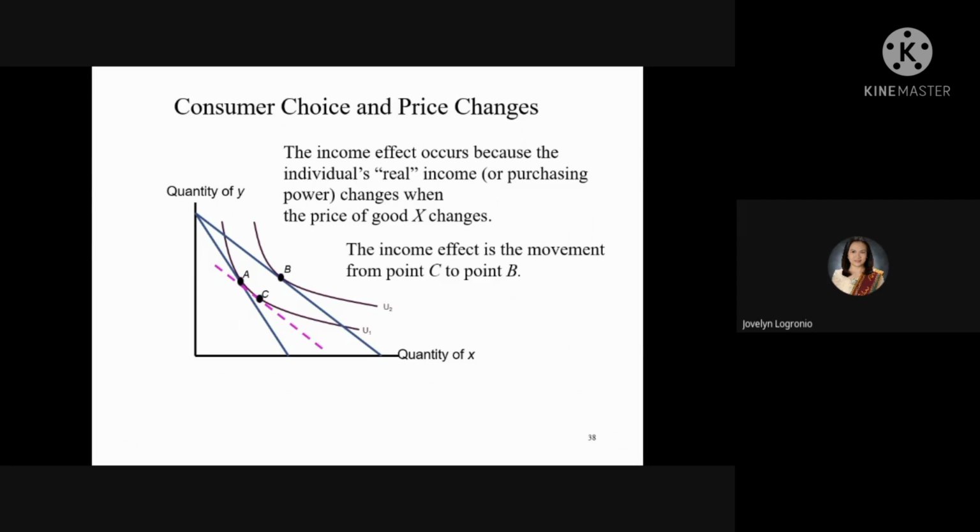And notice also that we have here a broken line, the violet colored broken line. This is illustrated to show that at point C, merong parang temporary na optimum point, or imaginary na optimum point as the price of good X falls. So we illustrate also a broken or an imaginary budget line.